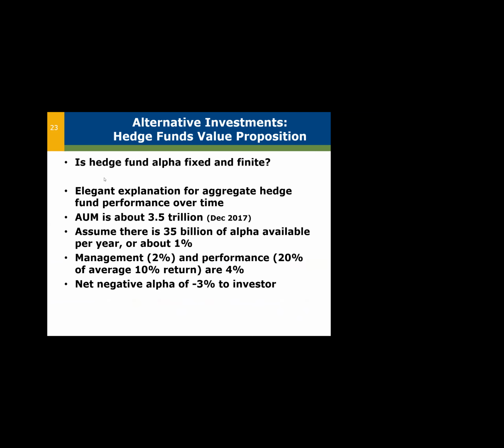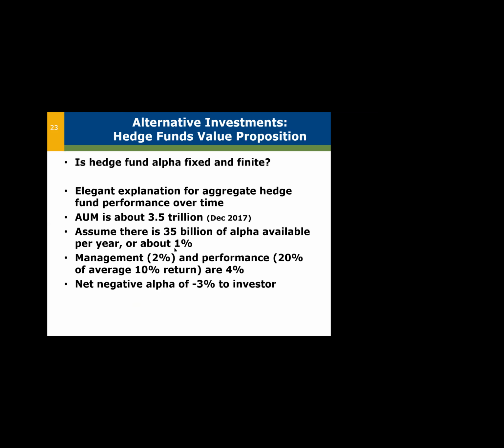I go through a little toy model and just say, okay, well, if the hedge fund AUM is about 3.5 trillion, and there's 35 billion of market inefficiency, aka alpha, available per year. And so that's actually just 1% true alpha available. And you could wonder, okay, where do you get this 35 billion from?